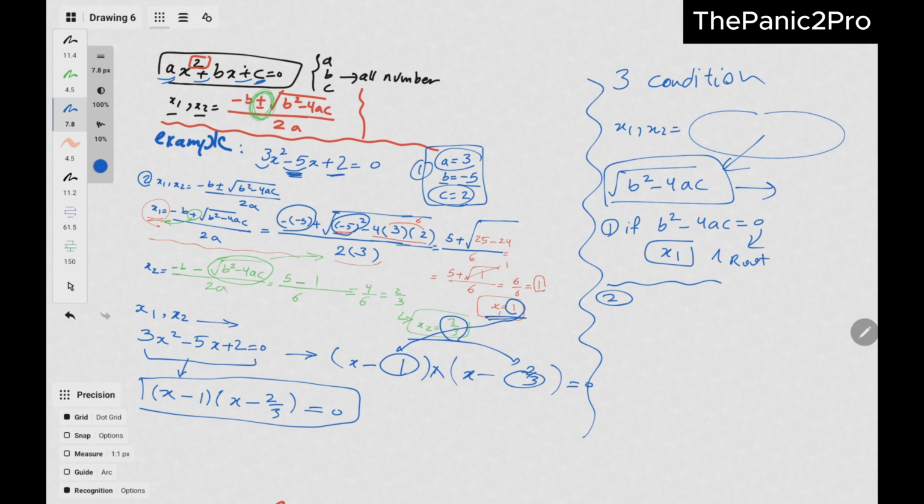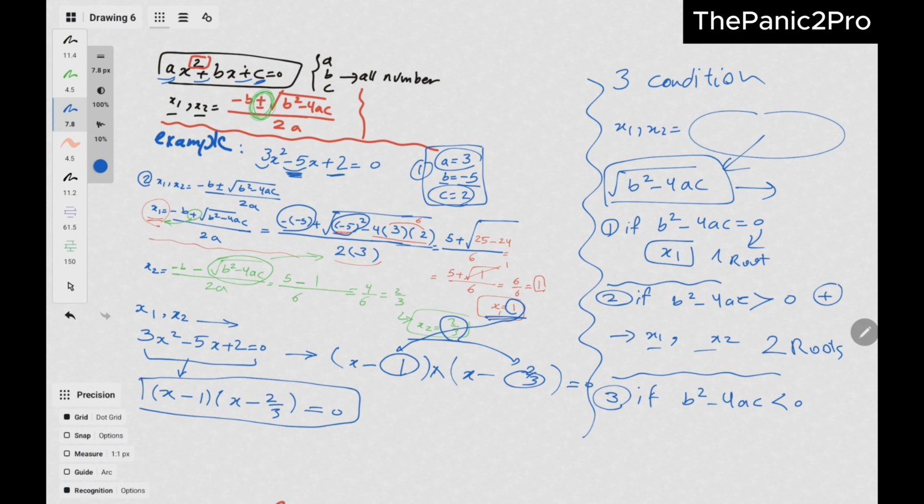Second condition, if b2 minus 4ac is bigger than 0 or positive, then we have x1 and x2. We have 2 roots. And 3, if b2 minus 4ac is negative. This is interesting.